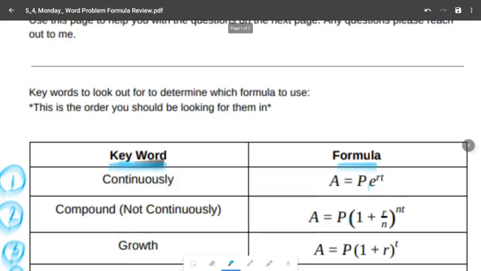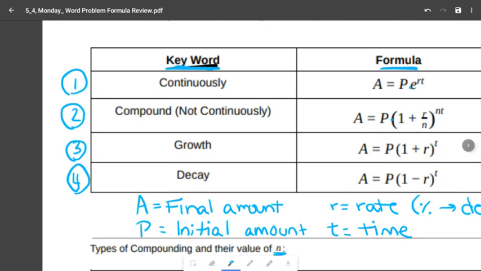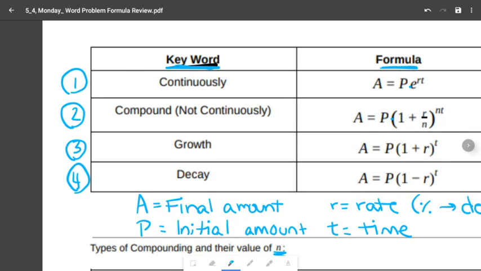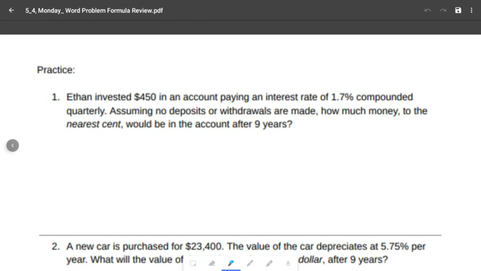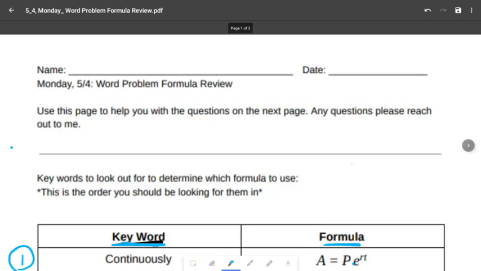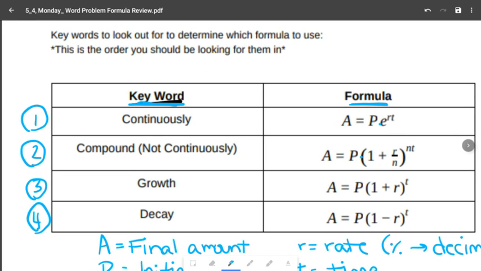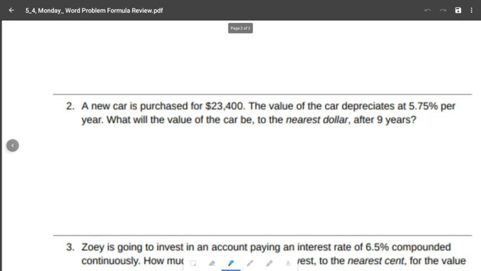So like I said, I would run through this little list right here. Is the word continuously in the problem? Well, doing a quick scan through, I don't see the word continuously anywhere. So that means that I'm not going to use the first formula for this one. So next, is the word compound in the problem? I already know continuously is not, but is the word compound in the problem?